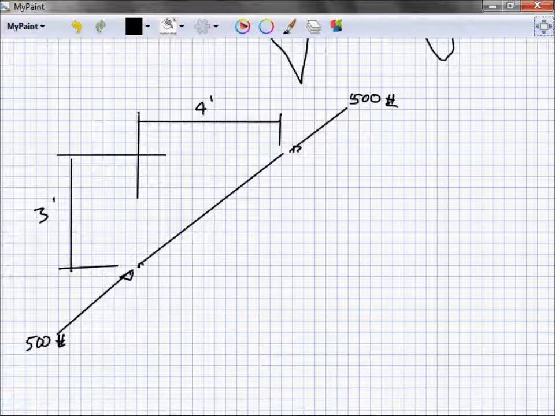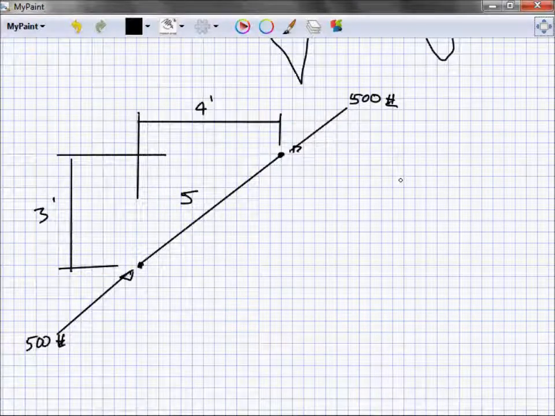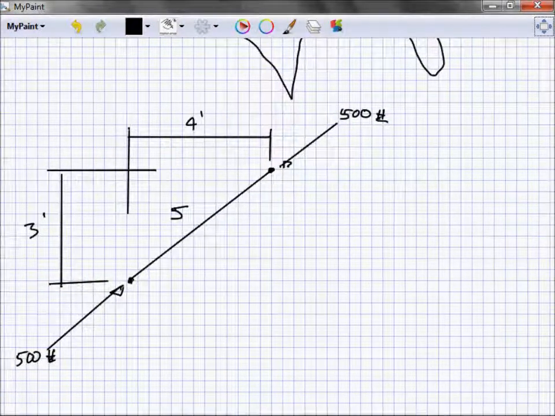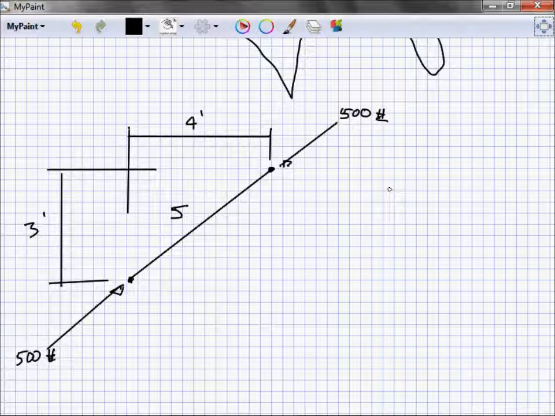All right, so first of all, how long is this thing from here to here? How do we figure that out? 5 feet? And how do we figure that out? 3 squared plus 4 squared is equal to 25. Square root of that is 5. That's why I'm using a 3, 4, 5 triangle. If it were 5 feet and 5 feet, it's 5 squared plus 5 squared, the square root of that.